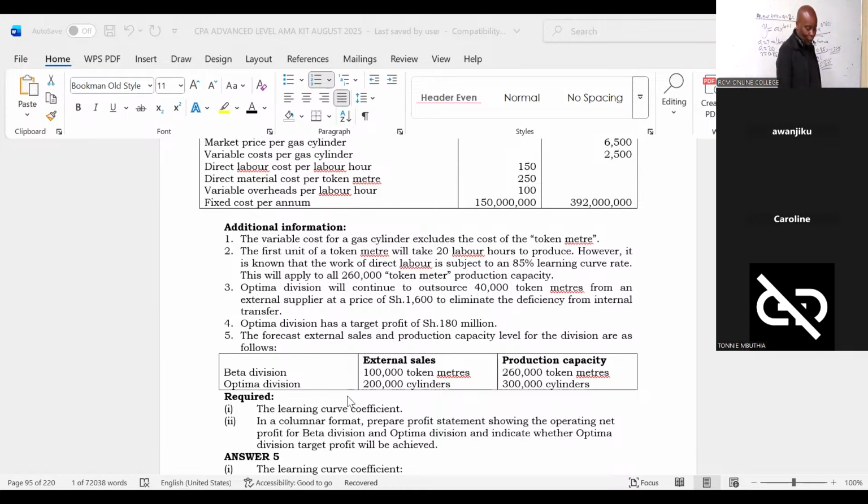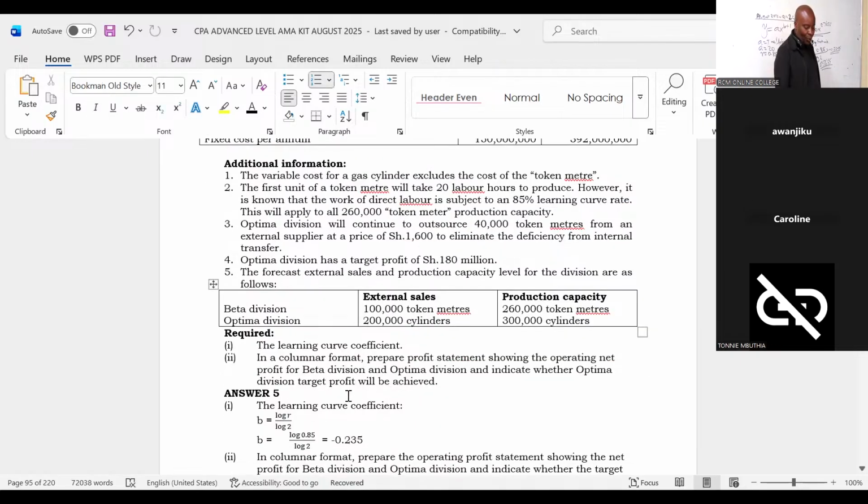In columnar format, prepare the profit statement showing the operating and net profit for beta division and Optima division, and indicate whether Optima division targeted profit will be achieved. Very, very easy. But first, we must understand our diagram.